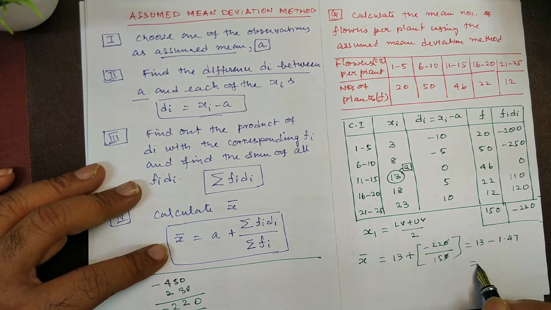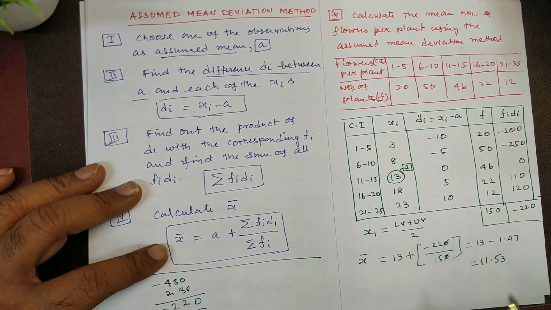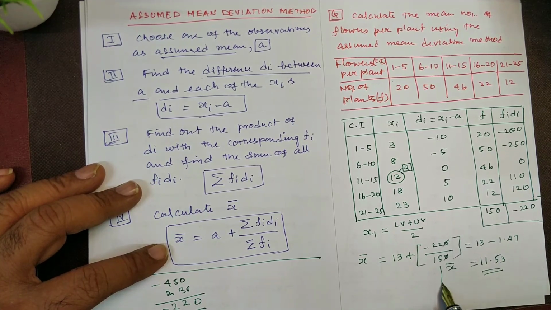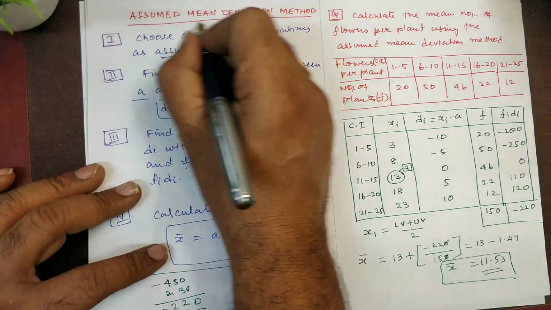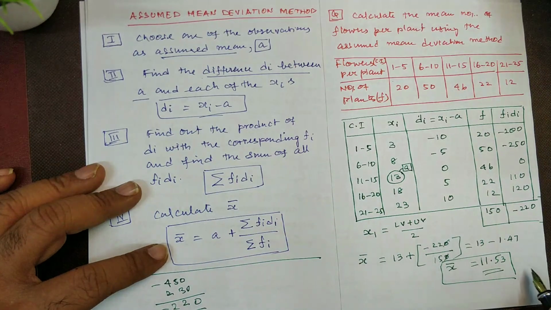So 13 minus 1.47 gives 11.53 as the mean. So this is the answer by the assumed mean deviation method. Did you follow?